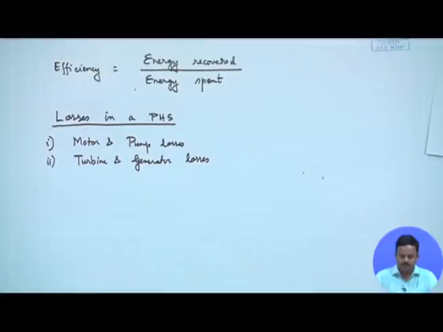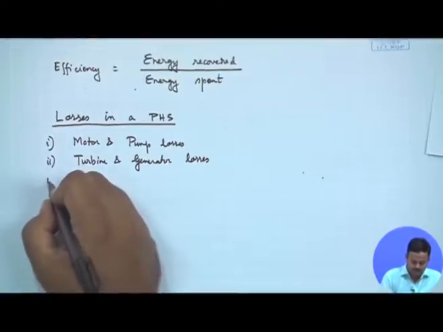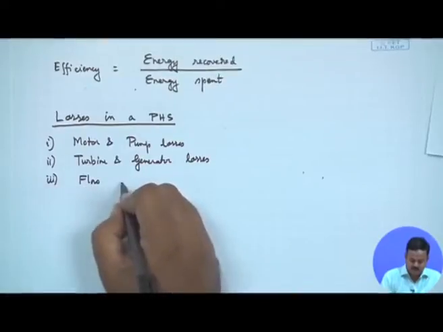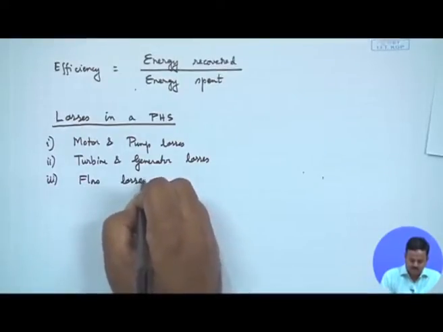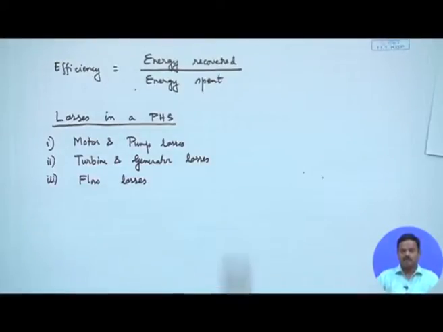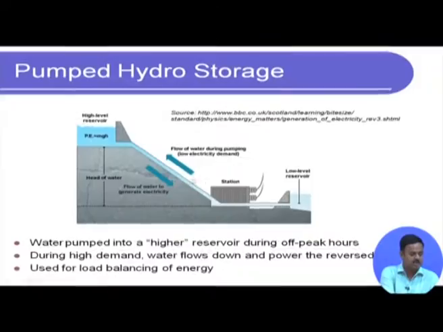What else? There can be flow losses, because remember it is flowing through some channels. The way I showed the schematic was two lines, but if you actually see in this picture, there are these flow channels that go up, and this may be even underground. So, in the flow paths there can be some seepage.